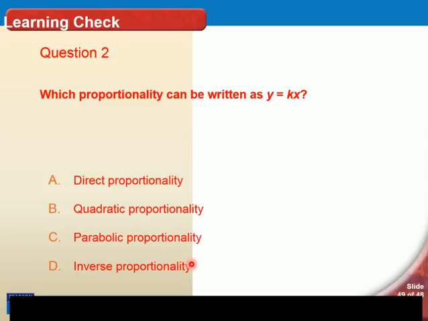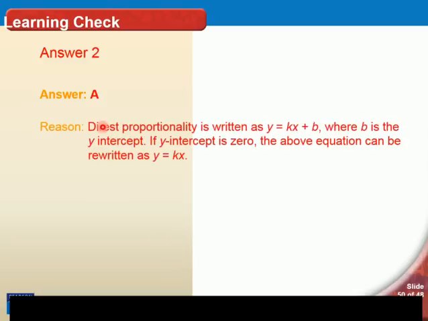Moving on, learning check 2. Which proportionality can be written as y equals k times x? The answer is A. Okay. Reason being, direct proportionality is written as y equals k times x plus b.